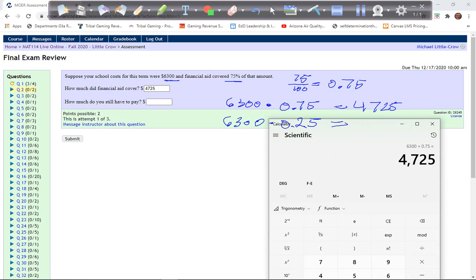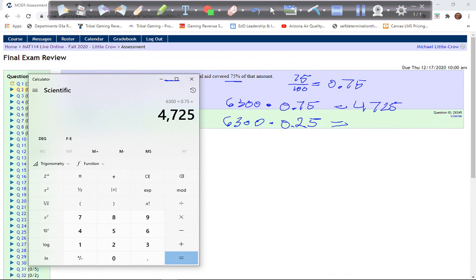Pull up my calculator again. And we've got 6,300. Again, you could subtract the 4,725 or multiply by 0.25. 1,575.